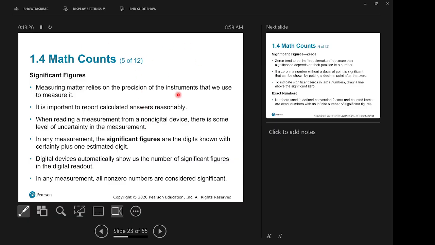So, significant figures. These are going to be measurements of matter. It's going to rely on the precision of the instruments that we use to measure it and the precision of the process used to measure it. It's important to report the calculated answers reasonably.